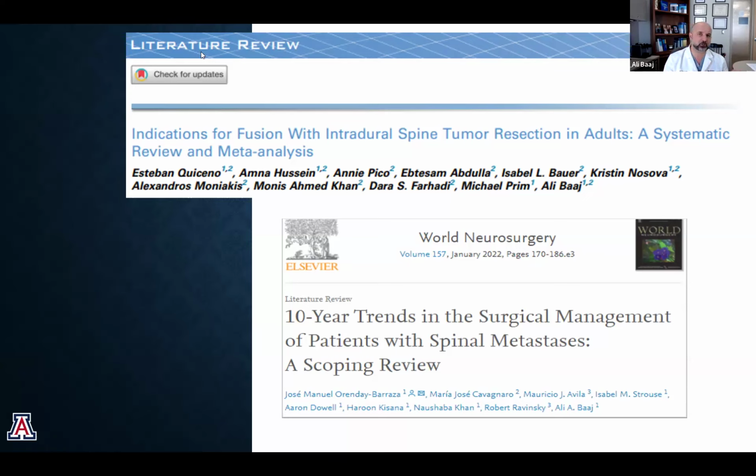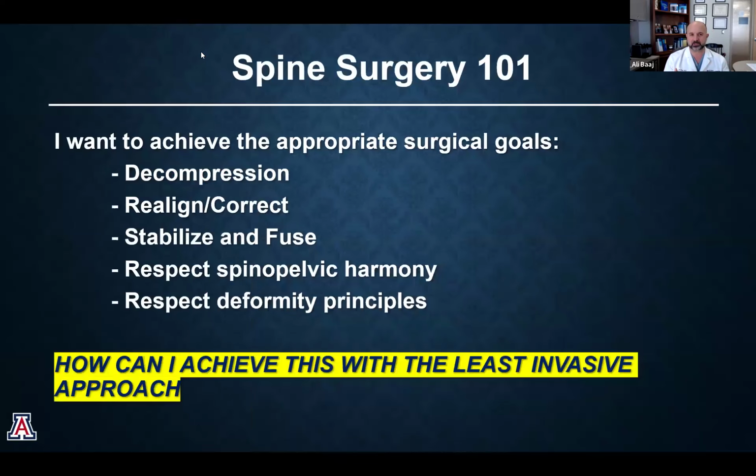You do a C1, C2 laminectomy, a 2 or 3 level laminectomy for an intradural tumor, and we were automatically fusing. Now we've demonstrated time and time again that the added time for fusion, instrumentation, fixation is not necessary as long as you're not destabilizing the spine and removing facets and resecting vertebral bodies. So again, a push towards less invasive procedures and techniques.